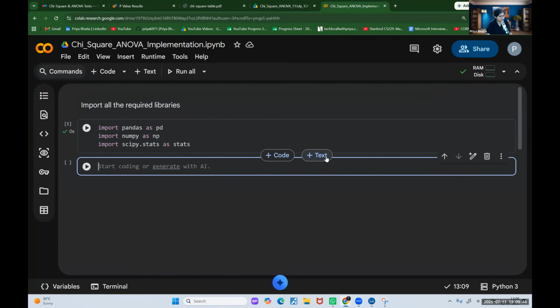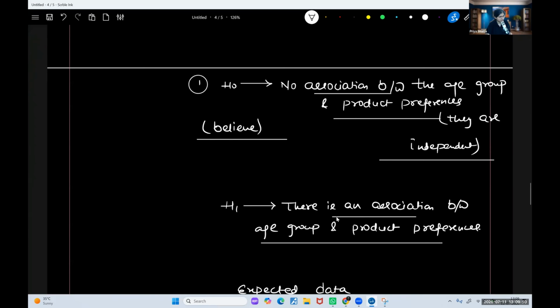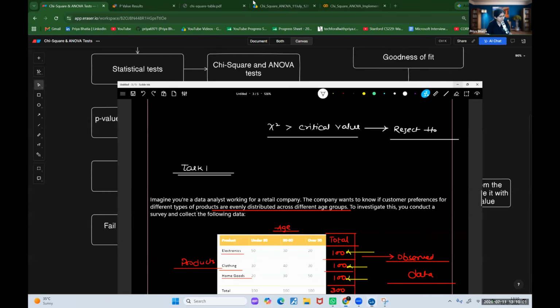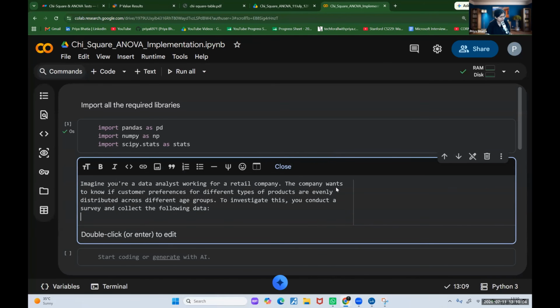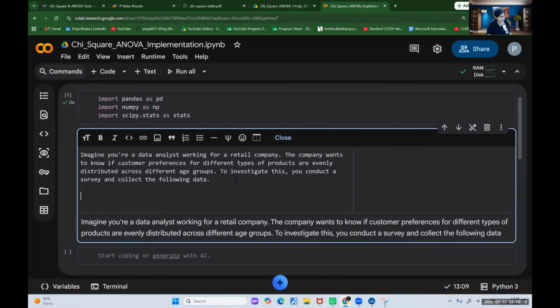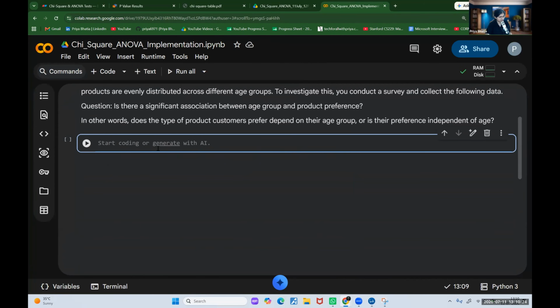And after this, let me just copy the problem statement. I'm writing it over here again so that when you refer to this file, you know why we are solving this.